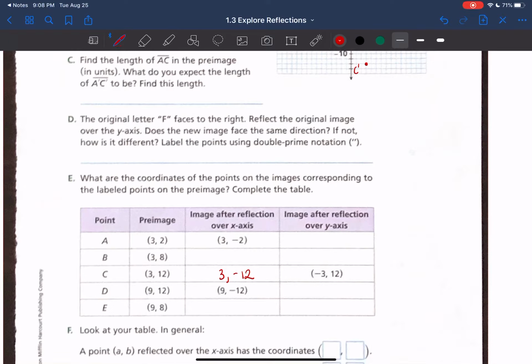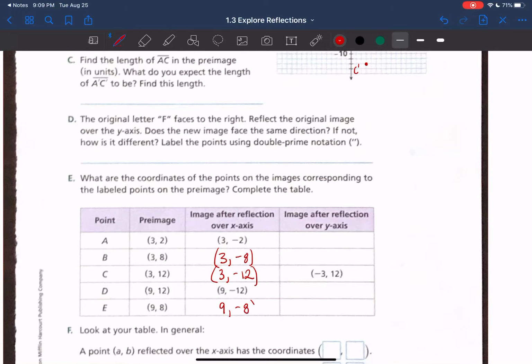They already did A for us, so following that same pattern, the x stays the same whenever you are reflecting over the x-axis. The y is what changes. So let's go ahead and repeat that pattern all the way through. Again, our x will stay the same, and our y will flip. It'll be the opposite. And we'll do that for E as well.